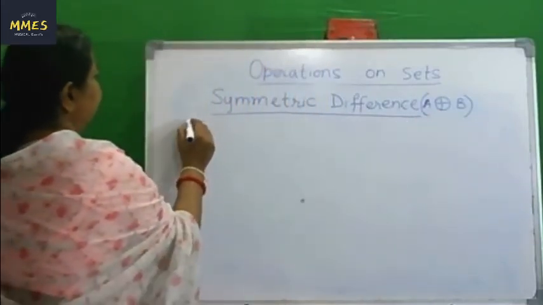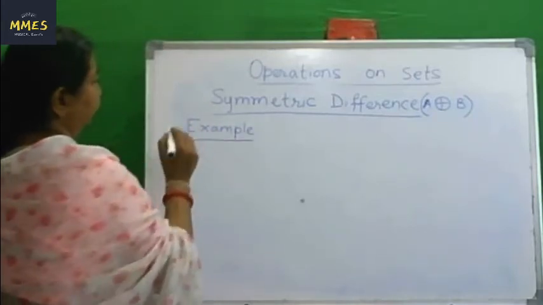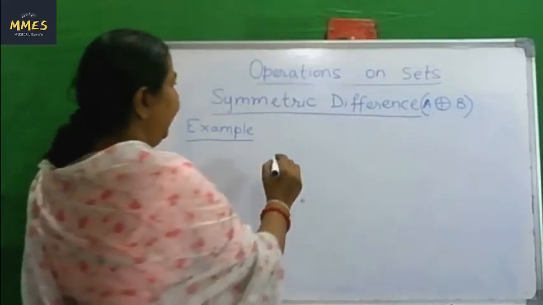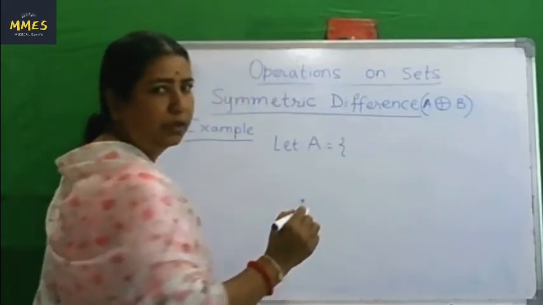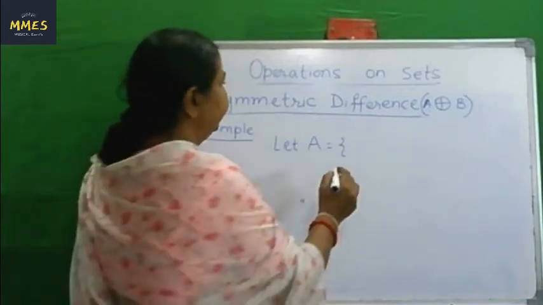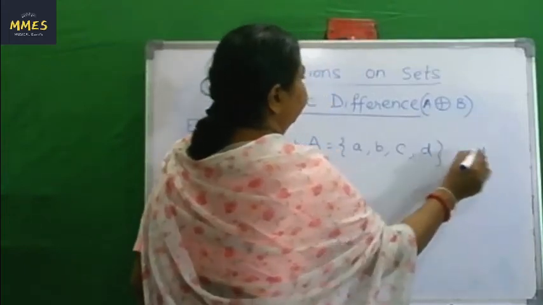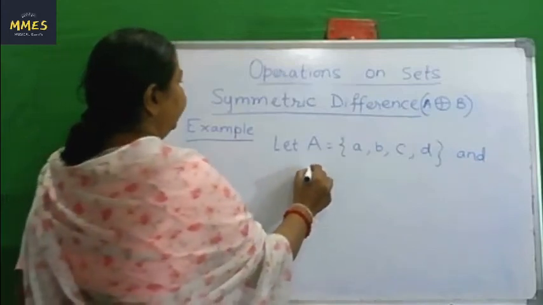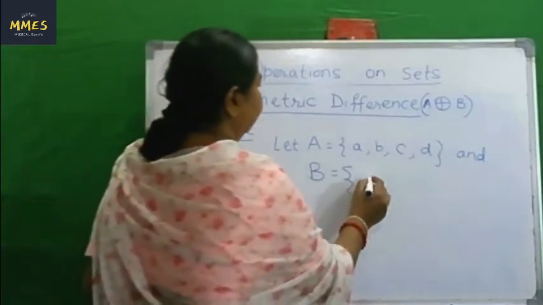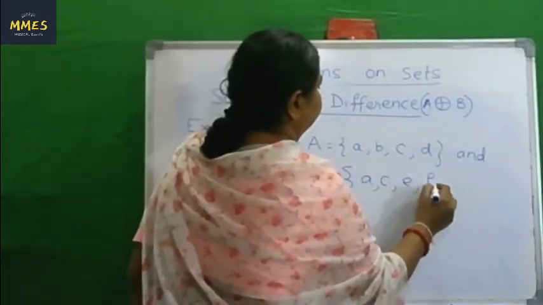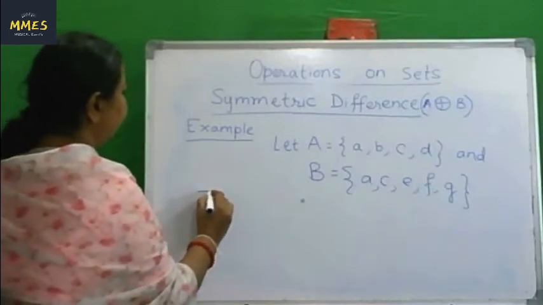Let us consider the example. Let capital A equal to A, B, C, D. And capital B is equal to A, C, E, F, G. Now we have to find the symmetric difference.